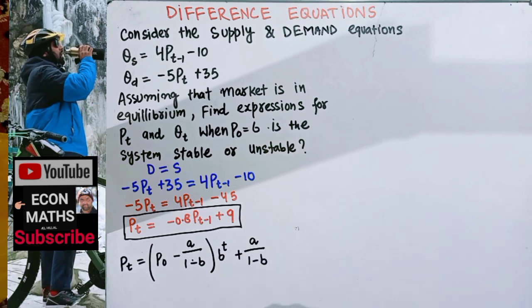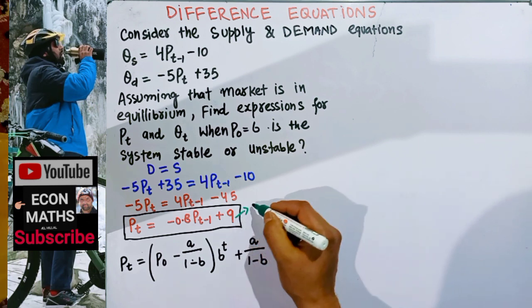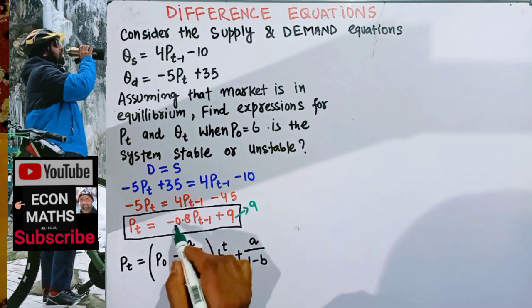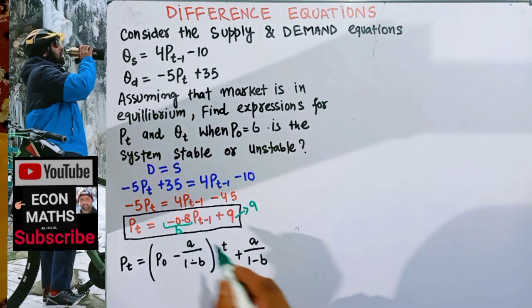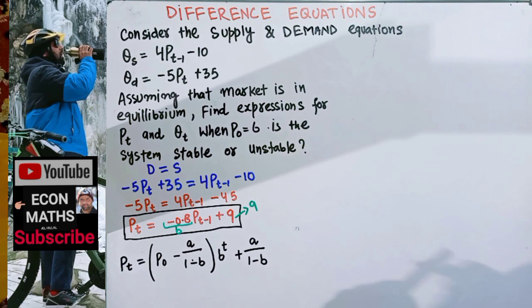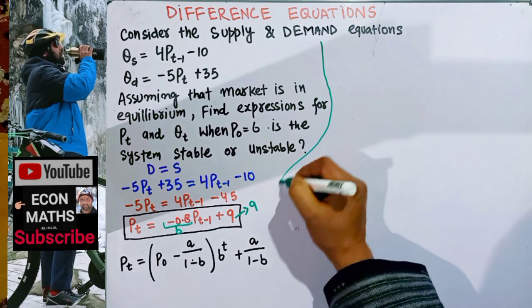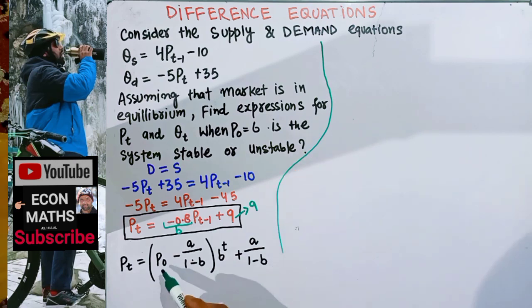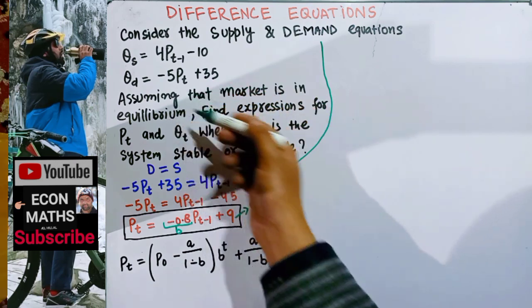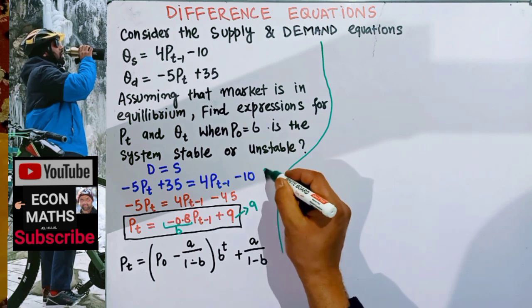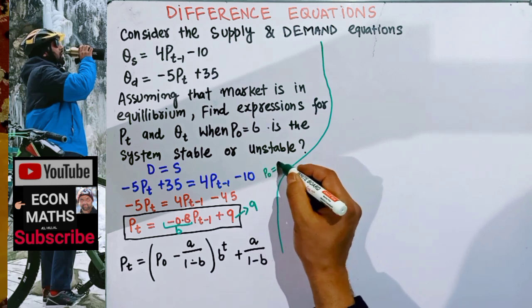Now what is a and b? A is this 9 and our b is this minus 0.8. Using this, what will be our stability condition here? P naught is also given as the initial condition, p naught is equal to 6.